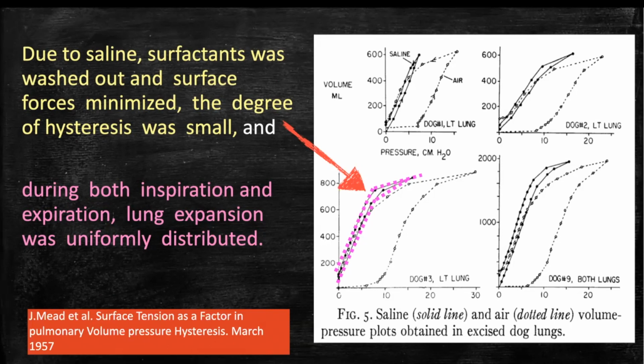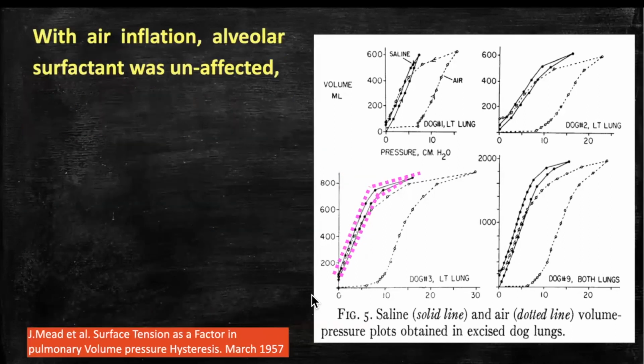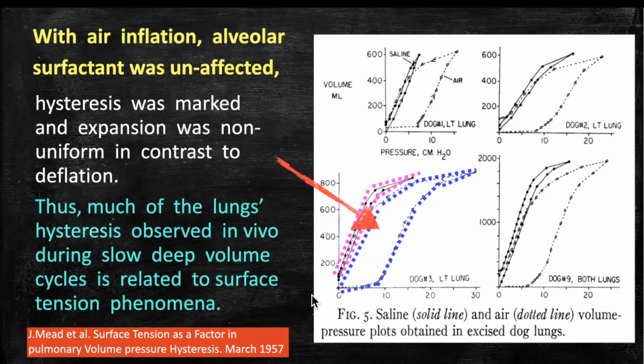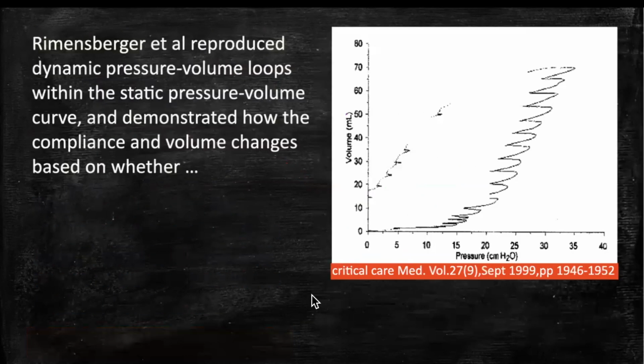And when the lungs were allowed to inflate with air like normal lungs, the compliance was reduced and there was a proper hysteresis. The reason was surfactant. So if there is surfactant in the lungs, it is producing that hysteresis, and when you take the surfactant out, then you don't have hysteresis in the PV loop. This was a very important study once again by Radford.